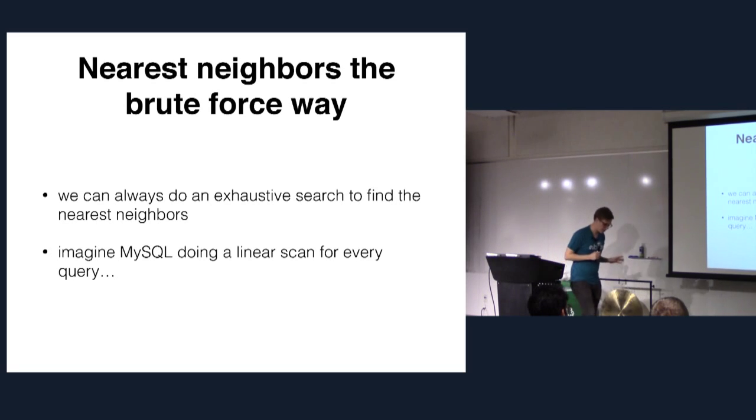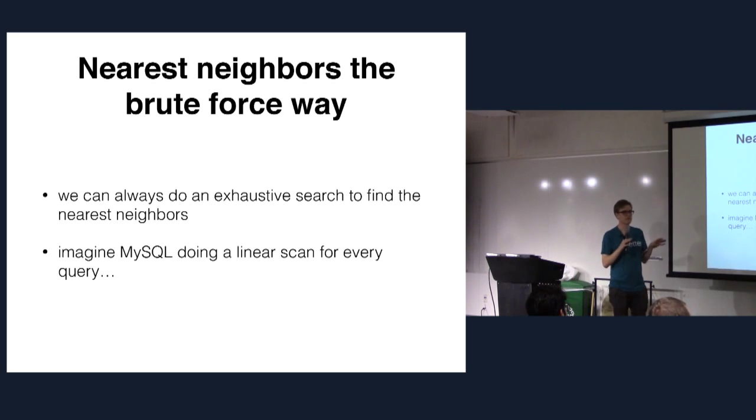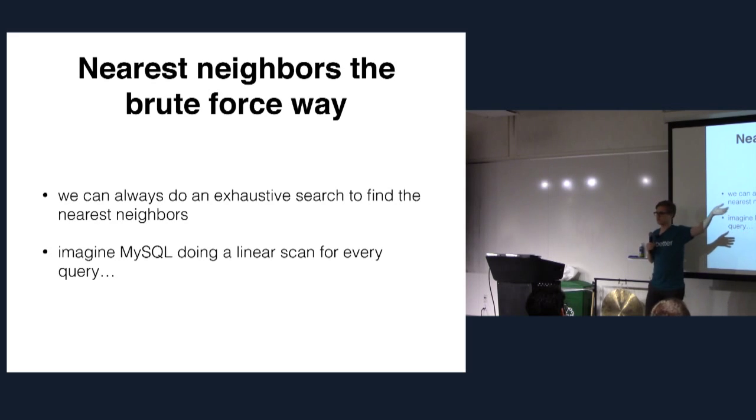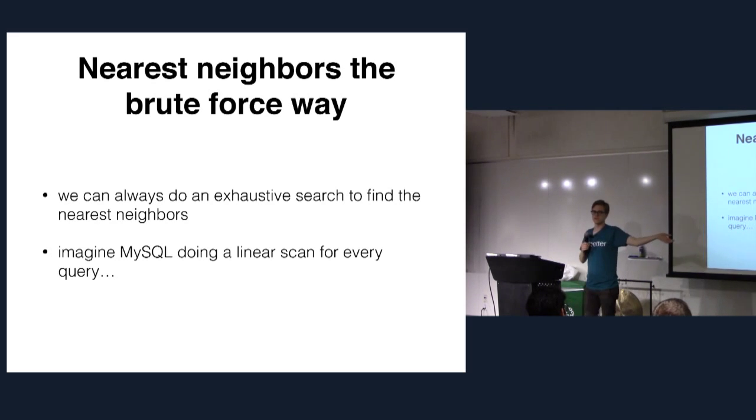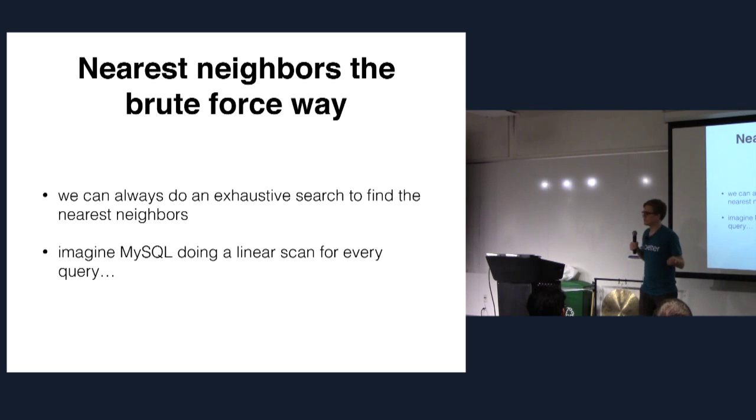Okay, so let's talk about how we're actually going to do nearest neighbor search. So I built a little thing that lets you do that fast. And why do you want to do that fast? Because the alternative is doing exhaustive search, right? You can always fall back to exhaustive search. You have a point set of 10 million points, and you want to find the nearest ones.